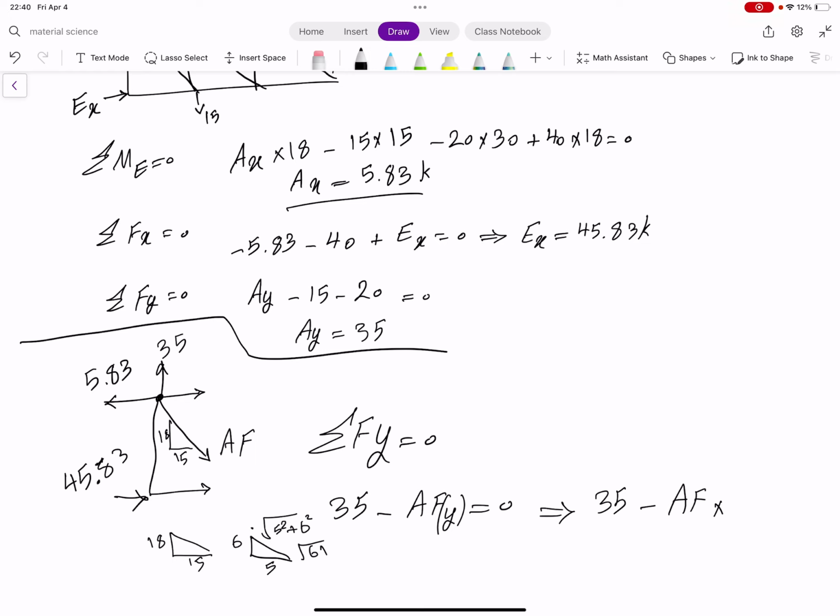Remember, you can find the angle and then use the cosine or sine value, but I have this ratio. I just put the Y value here, 6, and then the hypotenuse 61, then 0. So I have now AF unknown. When I solve it, my AF will be 45.6.